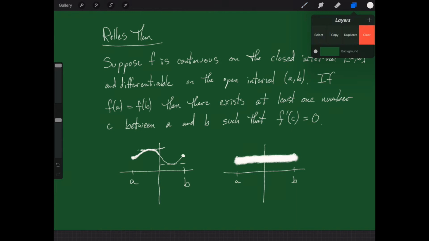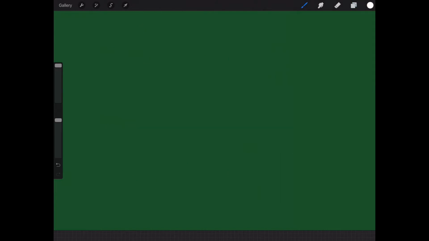So I'm going to erase this really quick, and let's get to the proof. So proof of Rolle's theorem. So I know that f is continuous on the closed interval from a to b.